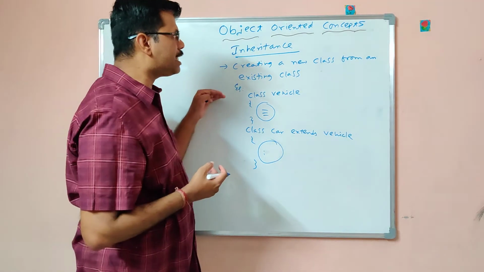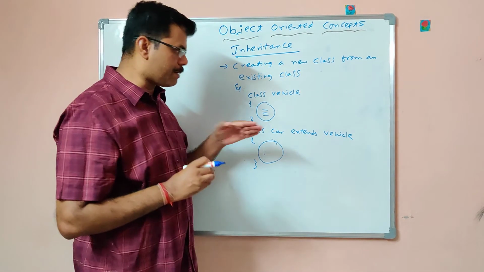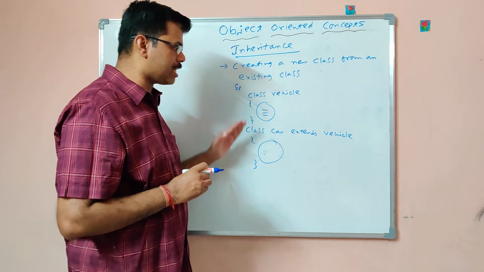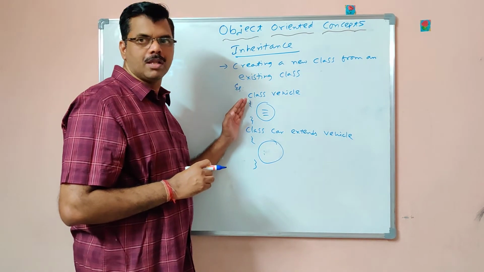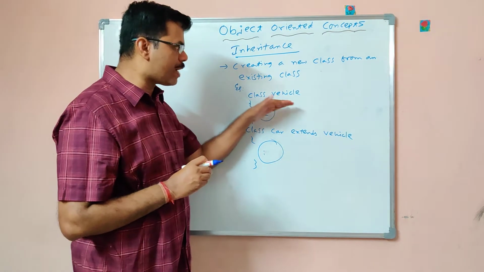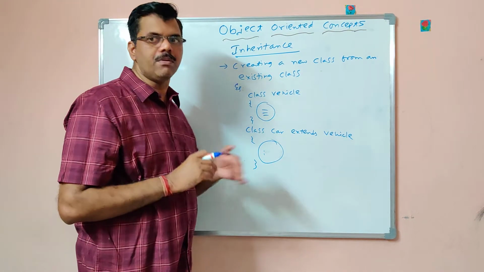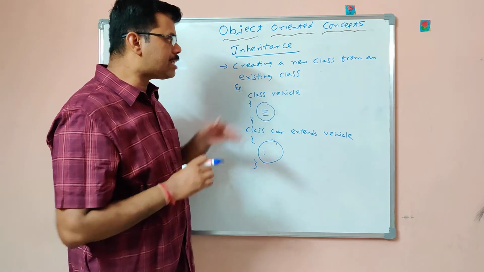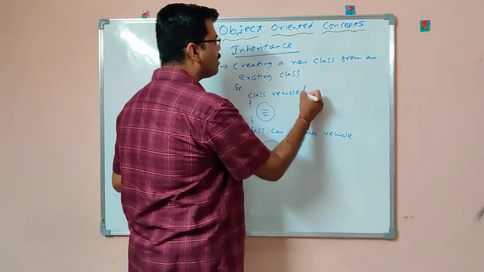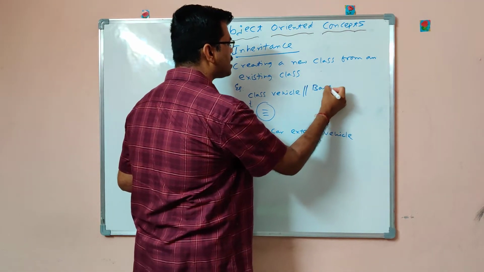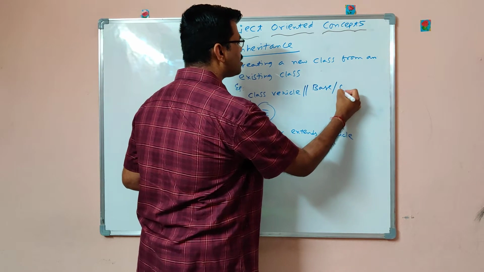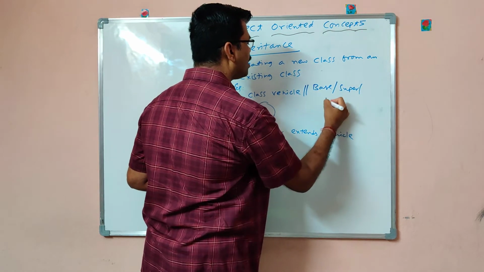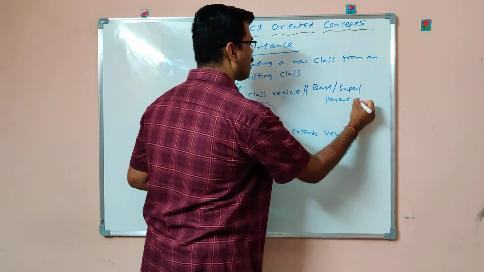So what is the main advantage of going for inheritance? The subclass object can access its own members and also the base class members, that is vehicle members. With that what we achieve? Reusability of the code. And the terminologies are like this: the vehicle class, we call it as the base class, or super class or parent class.